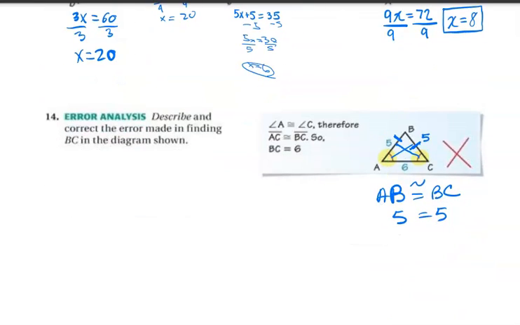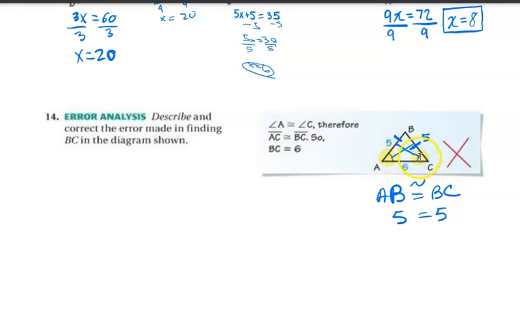It says, describe and correct the error made in finding BC in the diagram shown. Okay, so they know that A equals C. Yep, I see that. Therefore, AC equals BC. Nope.